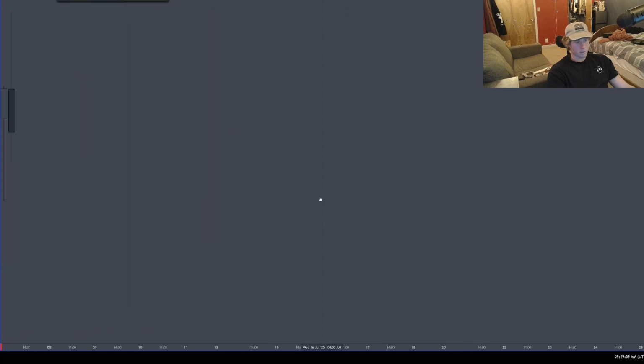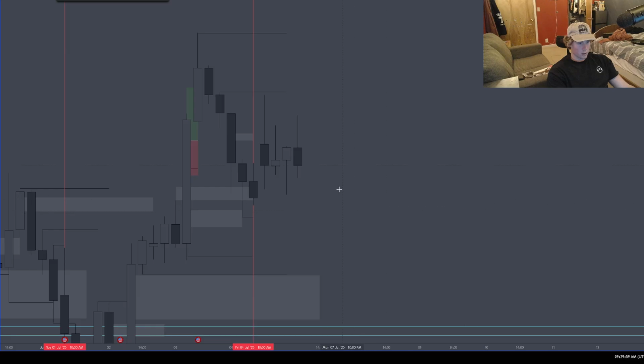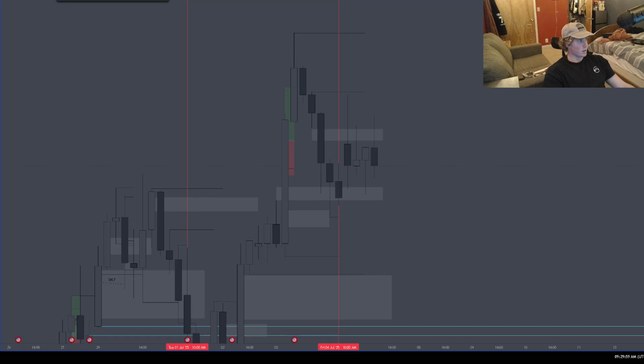4-hour time frame. Same thing, just between these two imbalances here, 1 hour and a 4-hour. Neutral bias, seek and destroy type of day.